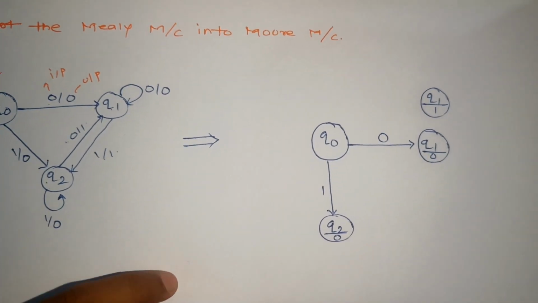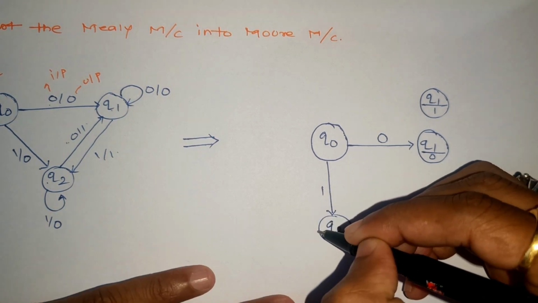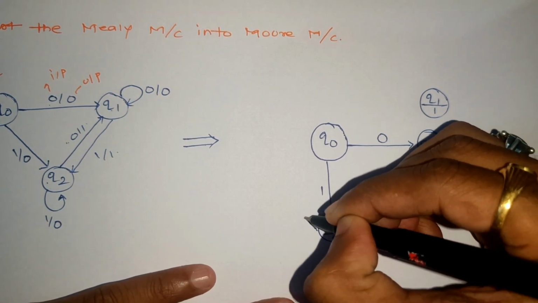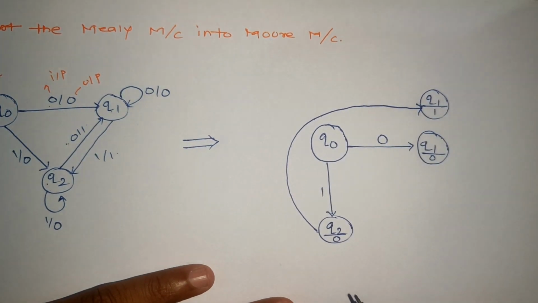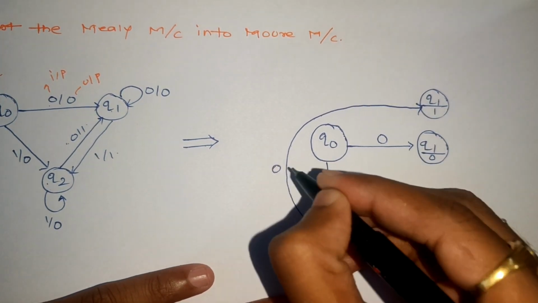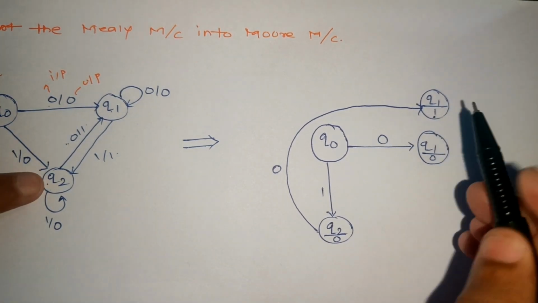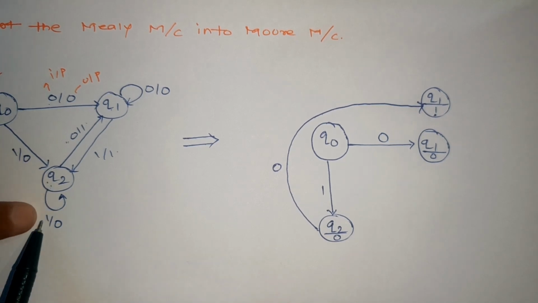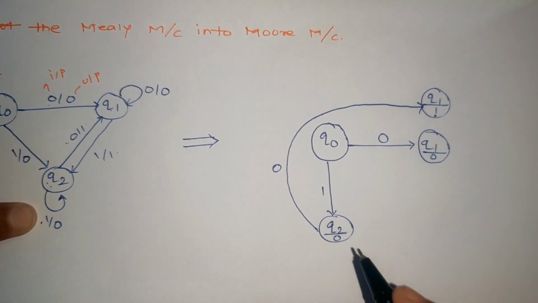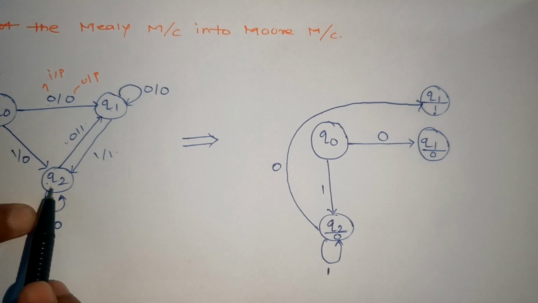So we'll write Q1 with output 1 और उसको हम route out करेंगे. Q2's next state is Q1 with input 0 and output 1. This is satisfied. Similarly, Q2's next state is Q2 when the input is 1 and output is 0. Fine, ये तो हो गया Q2 का.